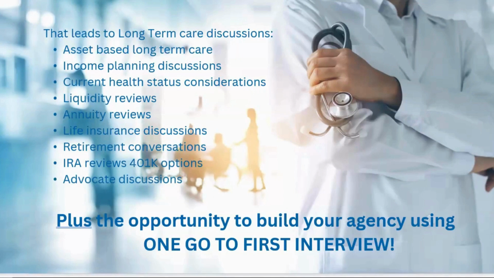So you've got retirement conversations, IRA reviews, 401k options, advocate discussions. You don't have all these at one time. I'd say these things might take somewhere between 6 months and a year, maybe. You can do it all real quick when you go into the income planning thing, because you're talking about all of them and how they work into the income planning discussion.